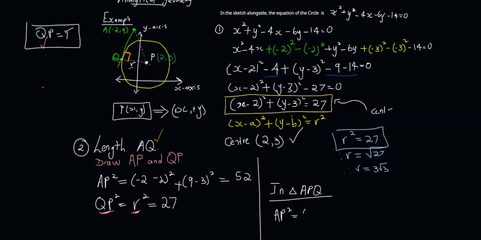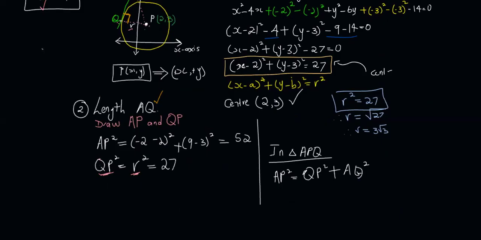And then from here, it's a matter of you now substituting, taking into consideration AP, QP and AQ. Remember, they want us to find AQ. Yes, they want us to find AQ.